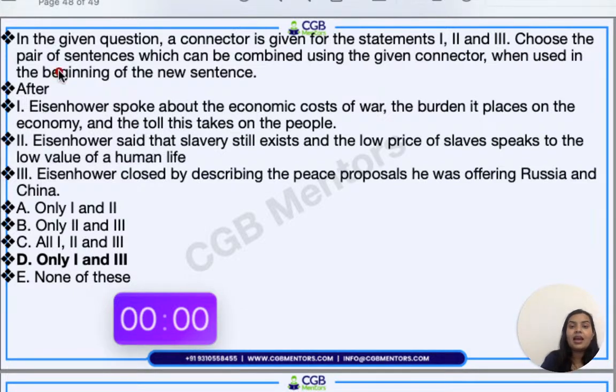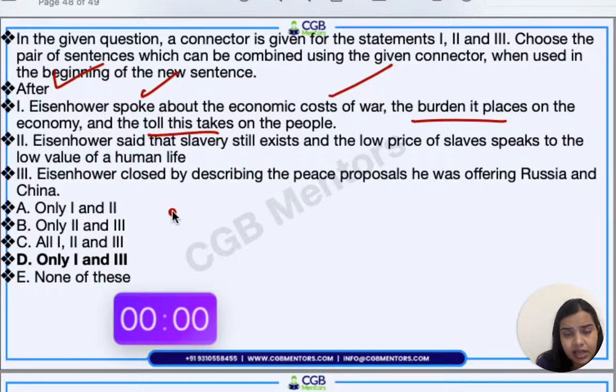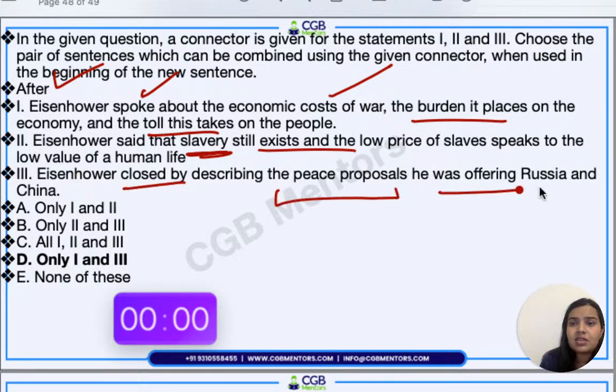Absolutely right. After, I don't need to explain the meaning, but there has to be a context of after. So Eisenhower spoke about economic costs of war, the burden it places, the toll this takes. He said that slavery still exists. He closed by describing the peace proposals he was offering.